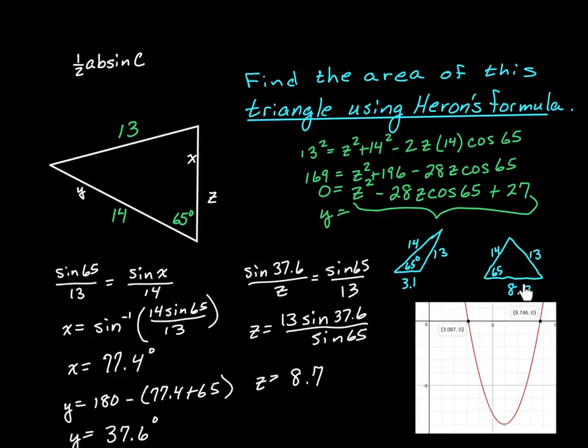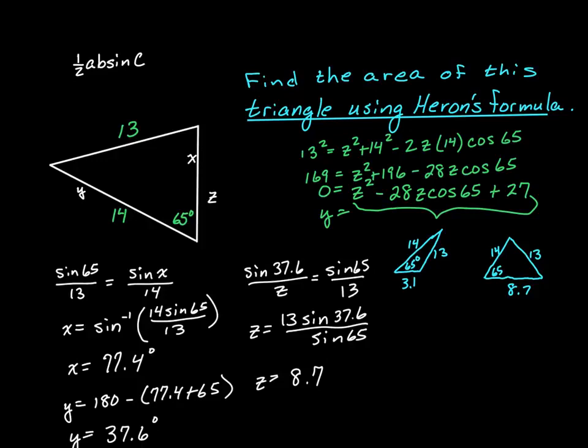All right, so once we know the length of this side is 8.7, we can then use the length of these three sides to calculate, using Heron's formula, the area of this triangle. All right, so let's go ahead and do this. The semiperimeter would be 1/2 of 13 plus 14 plus 8.7.